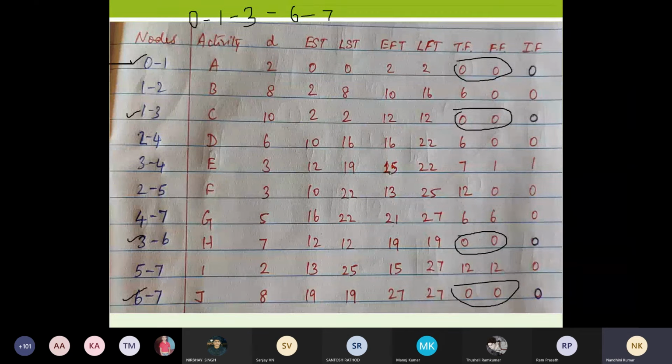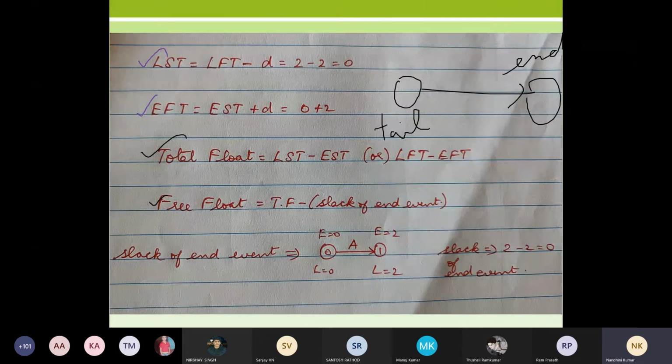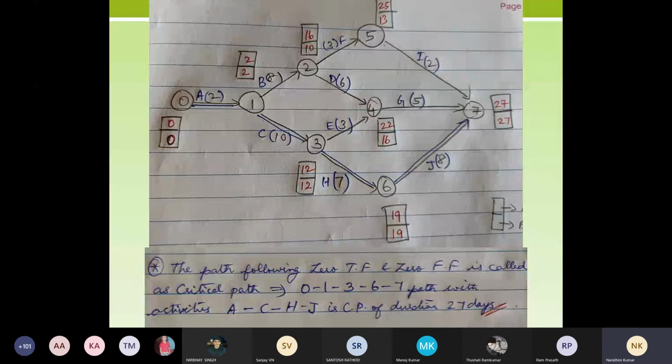You know how to calculate the critical path previously. But we are just confirming whether what you have calculated is correct here. Using the terms free float and total float, you are going to cross check and examine whether what you have calculated is right. So that's it. You are done with this problem.